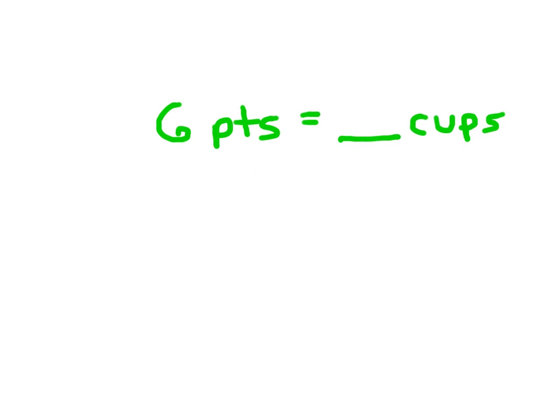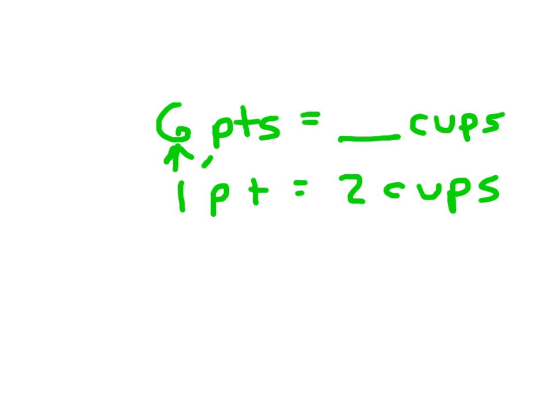Okay, I have 6 pints equaling how many cups? So I know the relationship that 1 pint equals 2 cups. To get from 1 to 6, I multiply by 6. So I multiply by 6 on the opposite side of my equation. 2 times 6 equals 12.